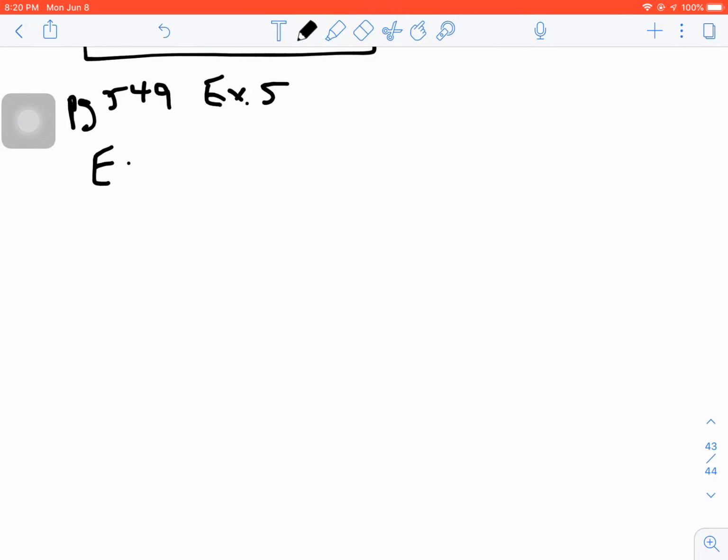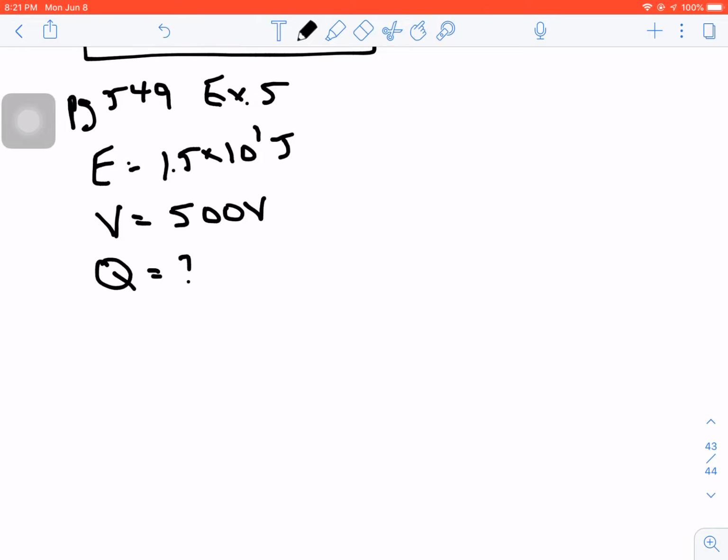So we're told the electric energy is 1.5 times 10 to the 1 joules, which is 15 joules, and the potential difference is 500 volts. The question is, what quantity of charge moved in that spark? How much charge moved from person A to person B in that spark?